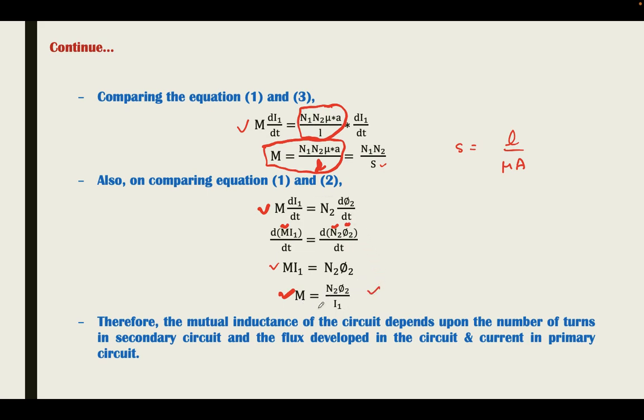Now for the mutual inductance we have two values. One is N1 N2 upon S, and the other is N2 phi2 upon I1. Therefore the mutual inductance of the circuit depends upon the number of turns in the secondary circuit and the flux developed in the primary circuit. Now we have two definitions for M.